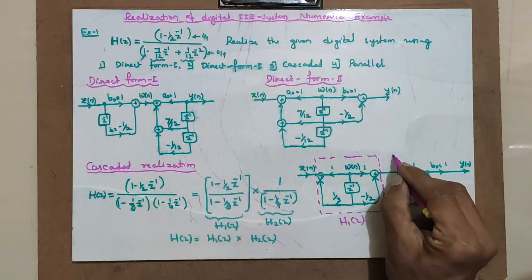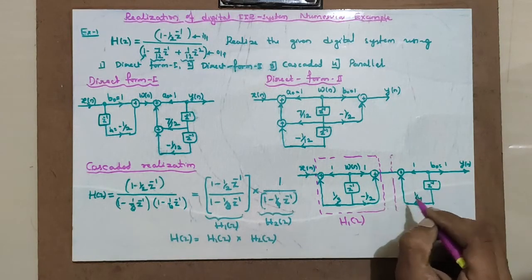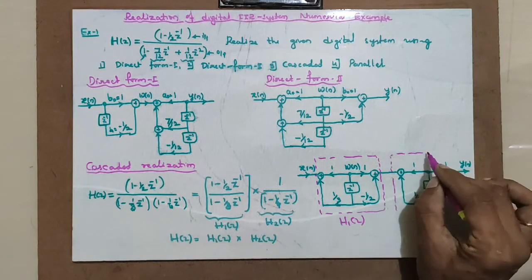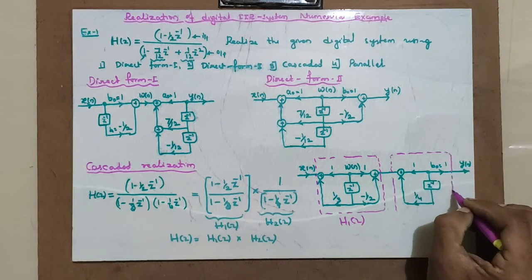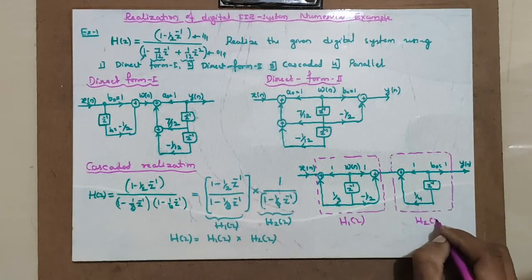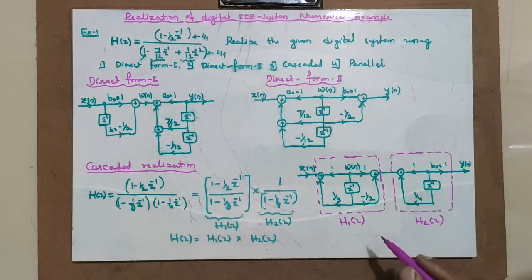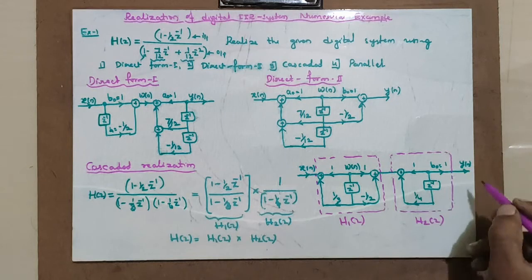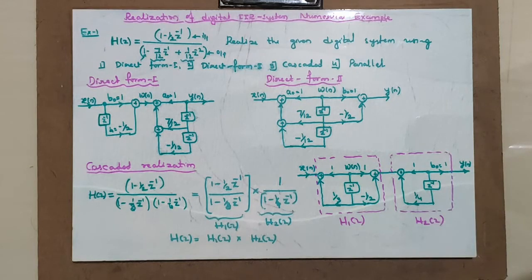This is the complete structure for H2(z). Hence H1(z) multiplied by H2(z). That's how the cascaded realization is done.